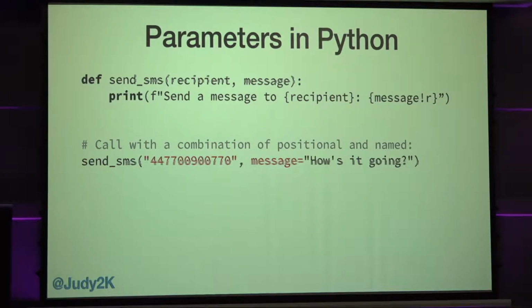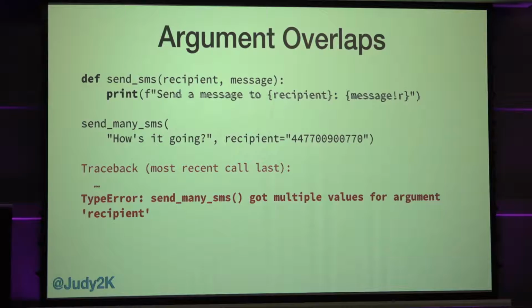We can combine the two. Here we are providing the first argument to the first parameter, and then we are explicitly providing a value for the message parameter. The positional arguments are bound first. This is important because in this case, here's our recipient parameter.